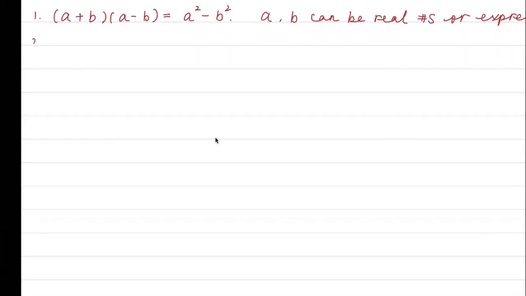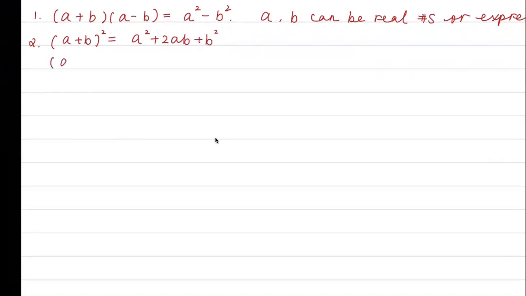The second one is A plus B squared is equal to A squared plus 2AB plus B squared.